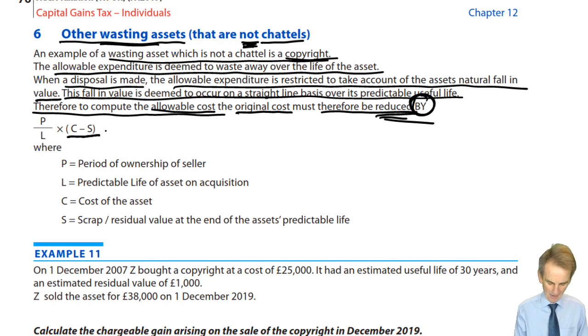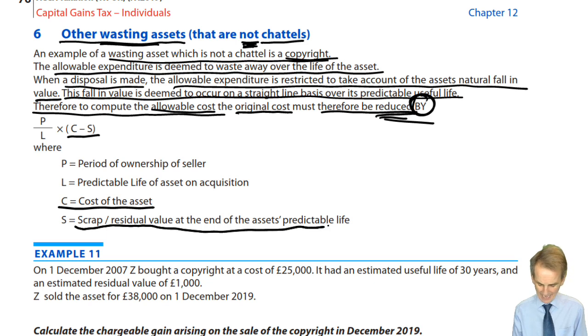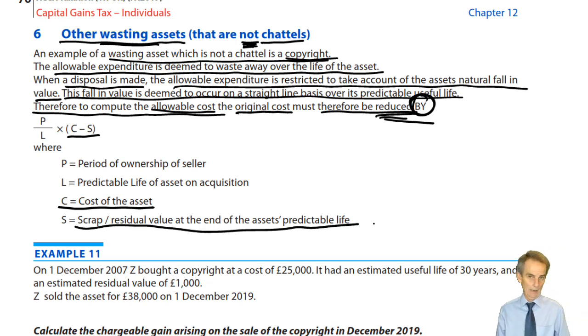Well, here, C minus S. C, obviously, the cost of the asset, minus S, which may or may not be given in an exam question, as it may or may not exist, if there's any scrap or residual value at the end of the asset's predictable life. So if it has some value at the end of the life, it's effectively the net cost that we're taking, the original cost less the scrap value.